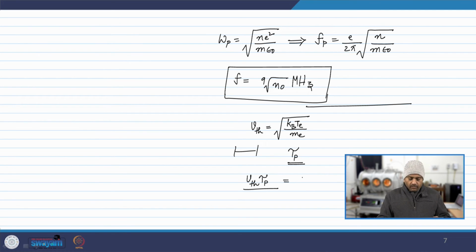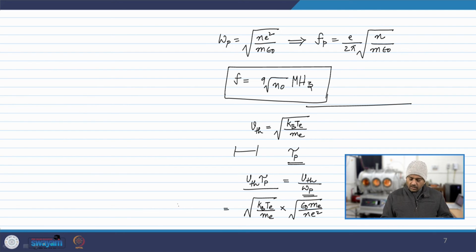So, this is how much the electron will travel within that tau p, which can be written as V_th by omega p, or if we use the expression for V_th that we have here and omega p, the plasma frequency expression that we have here, we can write this ratio as square root of k_B T_e by m_e, which is actually the thermal velocity, multiplied by 1 by omega p, which is square root of epsilon naught m_e by n e square.